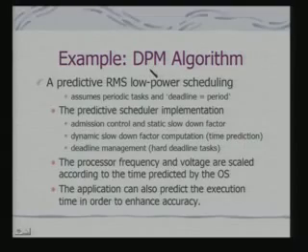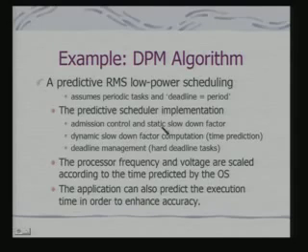An example dynamic power management algorithm could be a predictive RMS, rate monotonic schedule, but a low power scheduling. Just like rate monotonic, we can assume periodic tasks where the deadline coincides with the period. Now it's a predictive scheduler implementation, so there would be an admission control, to check whether the power budget permits the task to be executed as well as meeting the deadline.